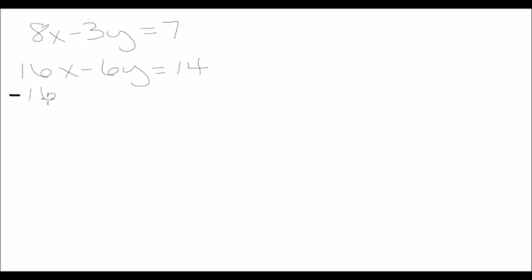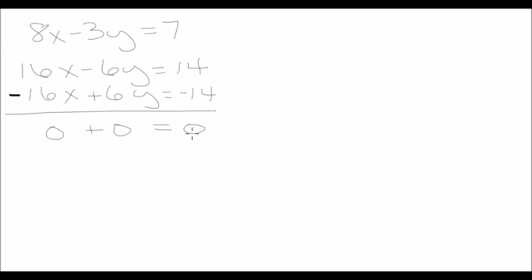So I would get negative 16x plus 6y is equal to negative 14. And then if you added them together, you would get 0 plus 0 equals 0, which just isn't that exciting and doesn't tell you anything.